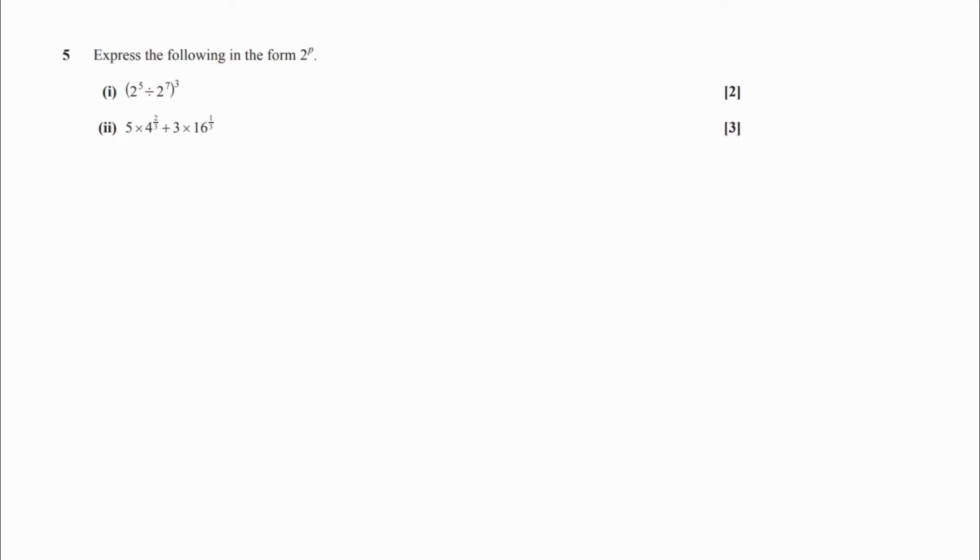If you look at this 2 to the power of p, the first one is 2 to the power of 5 divided by 2 to the power of 7, which would be 2 to the power of 5 minus 7. That is the indices rule. All to the power of 3, I'm just keeping that to the power of 3 there. So 2 to the power of minus 2, to the power of 3, and 2 to the power of minus 6, all using the indices rules.